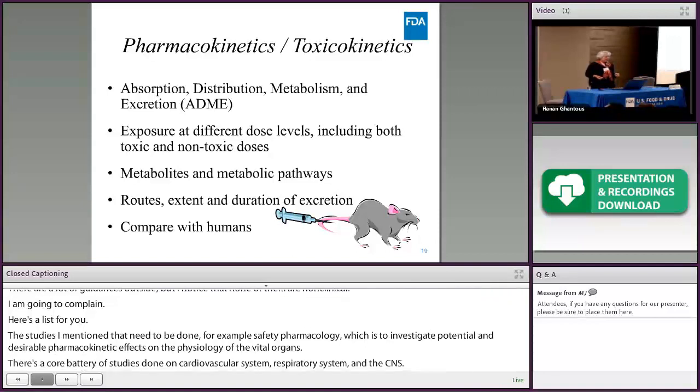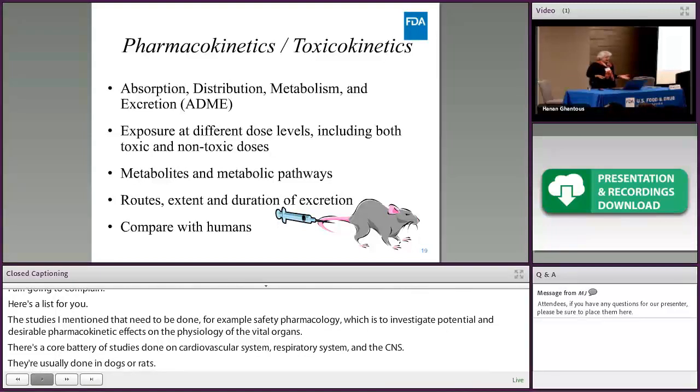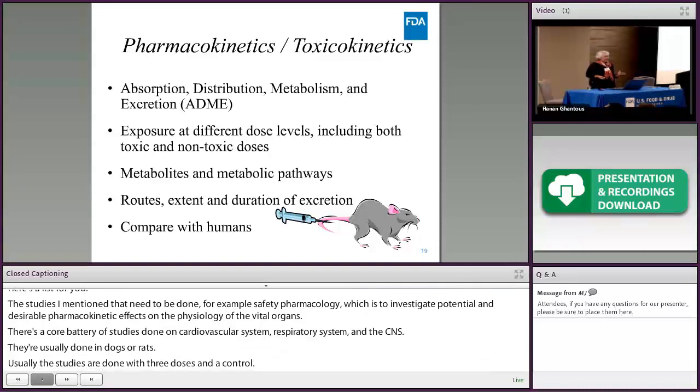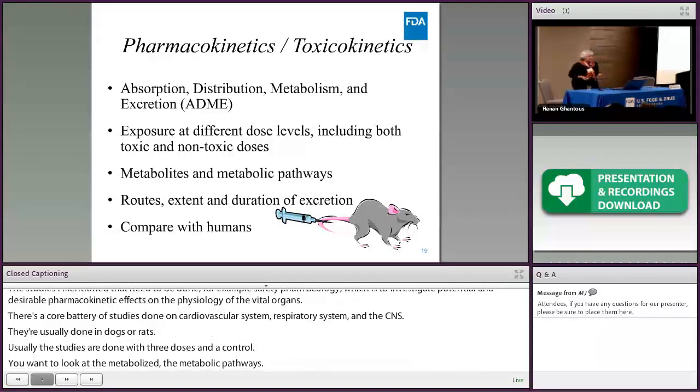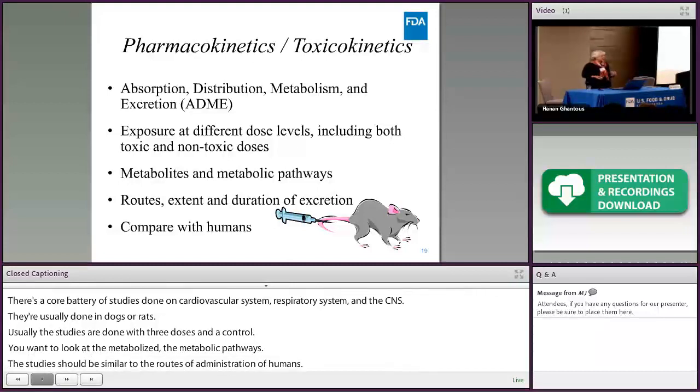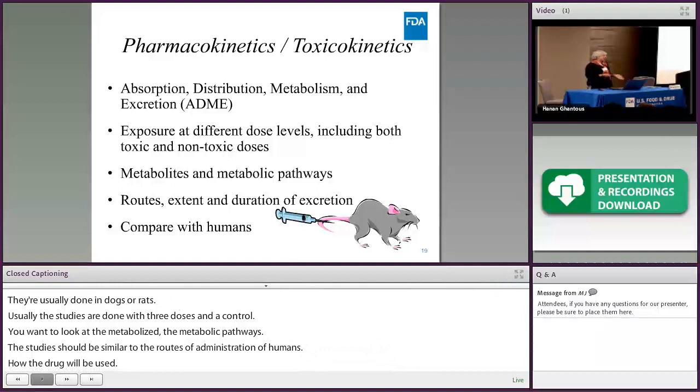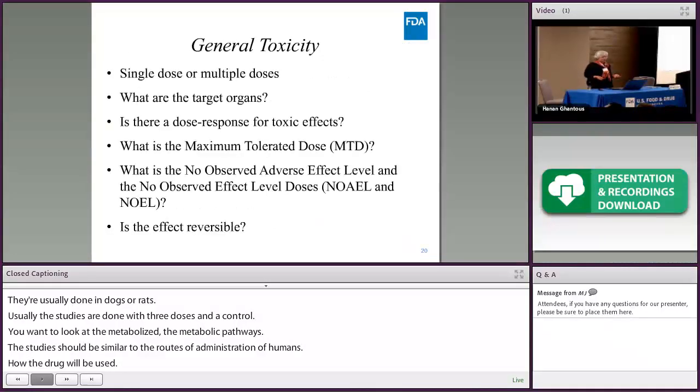Usually they're done with 3 doses and a control, and you want to look at the metabolites, the metabolic pathways. The study should be similar to the route of administration in humans, how the drug is going to be used. And we need this data because later we're going to compare AUC and half-life with human AUC and half-life. So it's important to know these things.